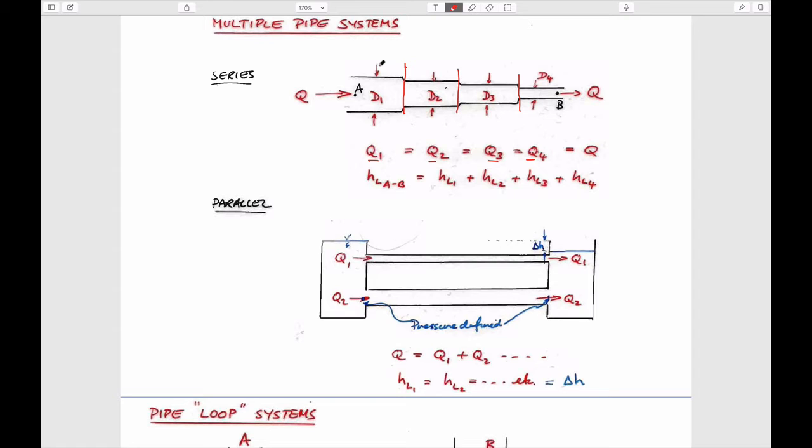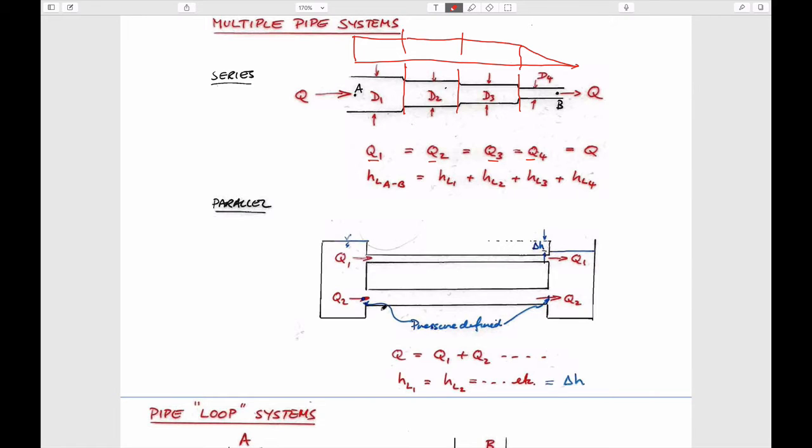So the head loss in this case would likely be, if you drew the head loss along the length of this, which is going to be difficult to do, the biggest head loss is probably going to be here because it's the smallest pipe. So I'm not going to be able to draw this well, but the biggest head loss would be here, a smaller one would be here, a smaller one would be here, and a smaller one would be here. And so you can rationalize that based on the sizes of the pipes and what you expect the friction loss to be on a less efficient pipe in terms of allowing flow.